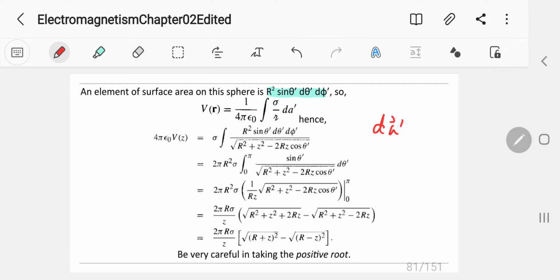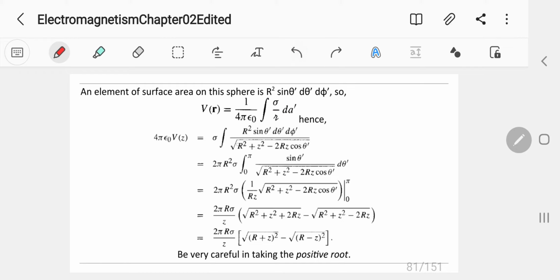So you have R squared sine theta prime, d theta prime, and d phi prime. So your potential would now look like this. Your dq is sigma dA.